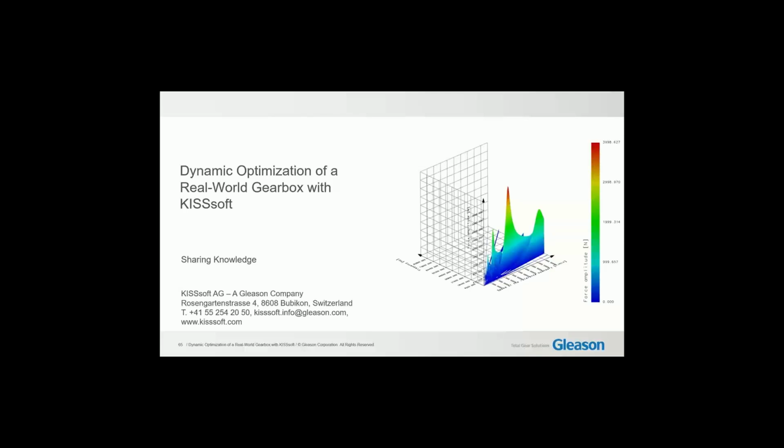Thank you for your question. As I mentioned at the beginning, we didn't decide ourselves to change the bearing configuration from V1 to V4. This was selected before by our customer and applied directly in KISSsoft.